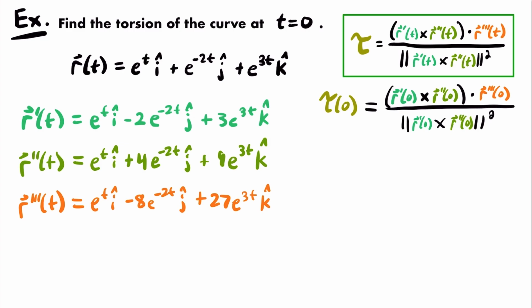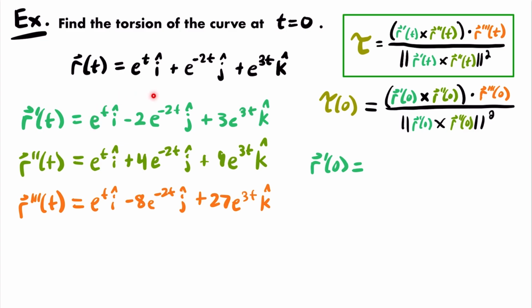Okay, so let's plug in 0. We'll have r prime of 0 is equal to each of these components evaluated at 0. And notice that in each case, the only t's present are in the exponents of e. And so when you plug 0 in for t, that exponent is just going to be 0. This one's 0, 0 times -2 is 0, 0 times 3 is 0.